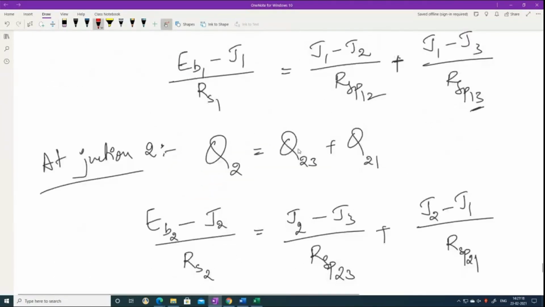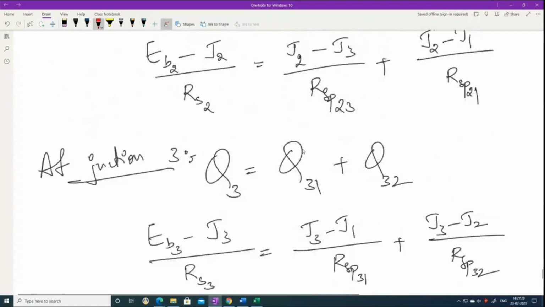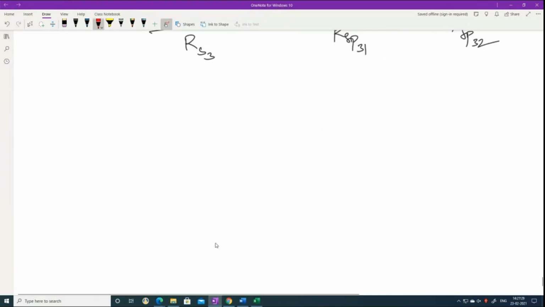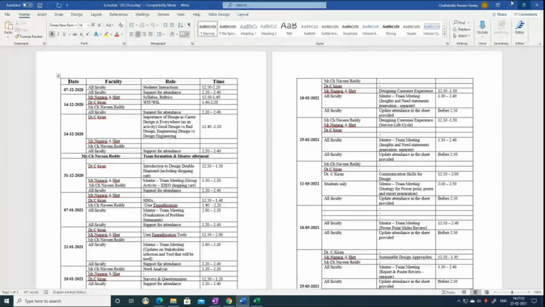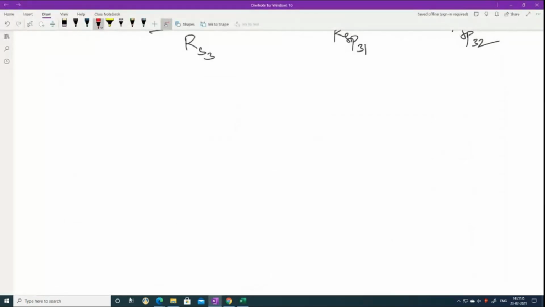So you got this energy balance at each junction, that is junction 1, junction 2, junction 3. This you must be aware of, and let us take a problem and solve it.